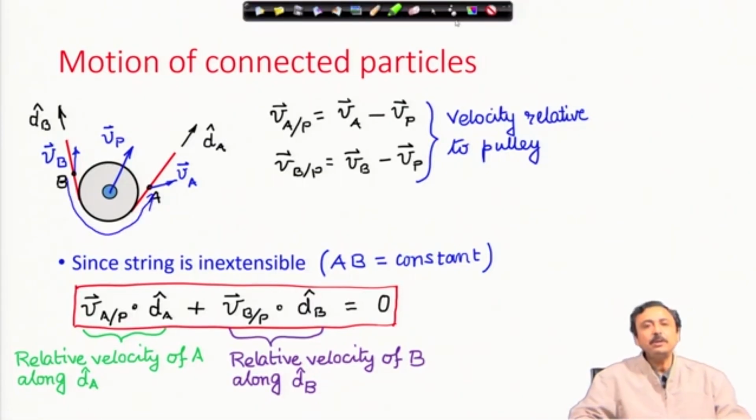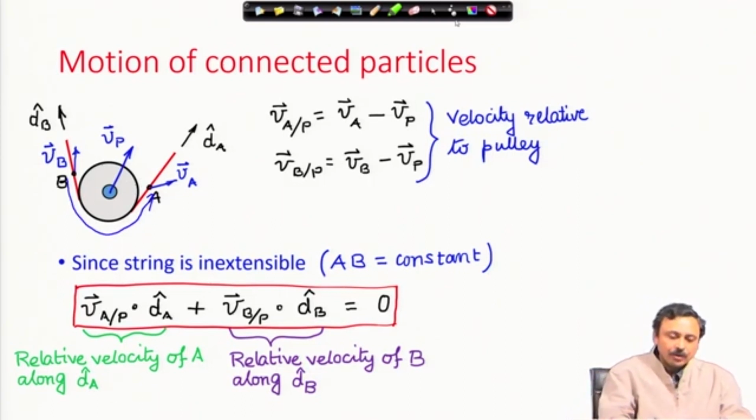Now, this is very similar to conservation of mass, the continuity equation. Here length is being conserved. Therefore, how to interpret this? If you sit on the pulley, what is the velocity of A that you will see? Remember these VP, VB, VA are absolute velocities.